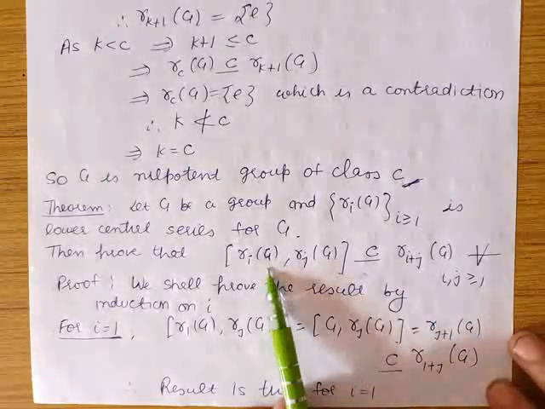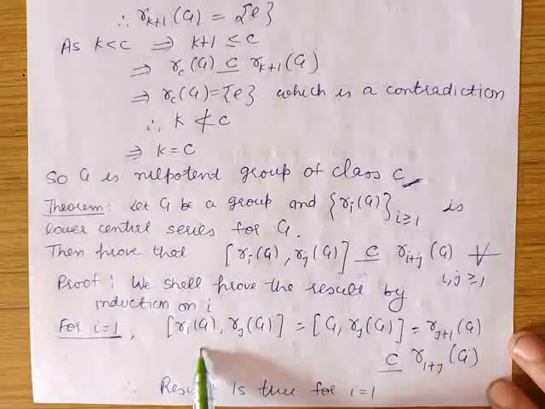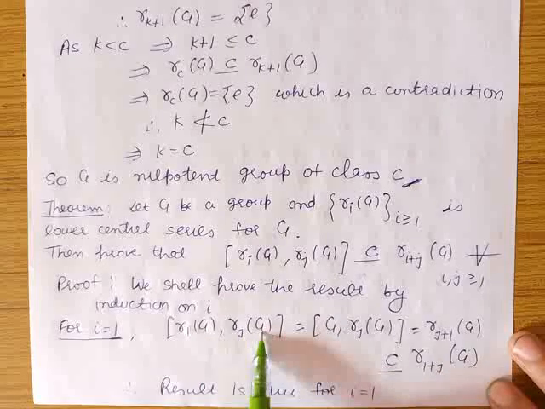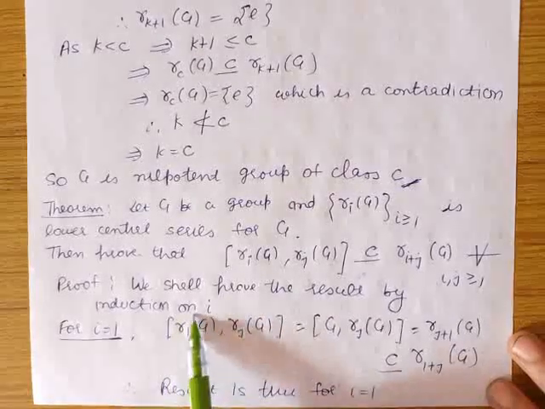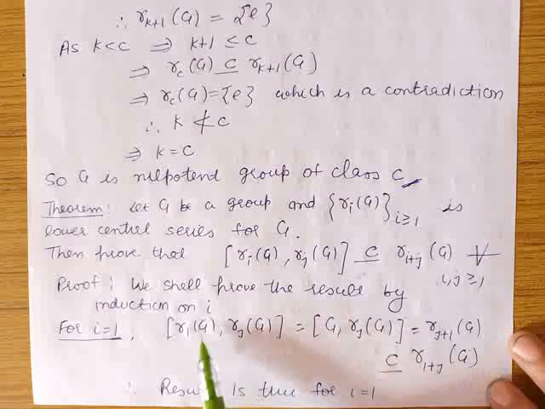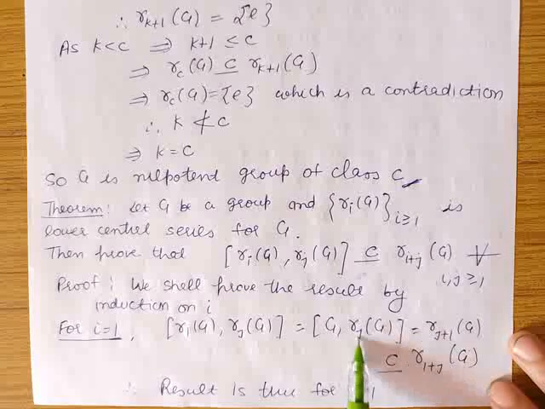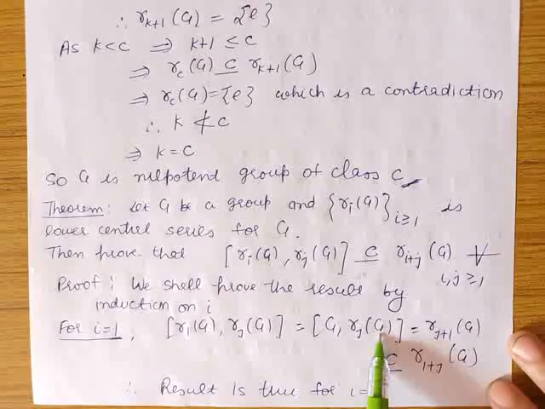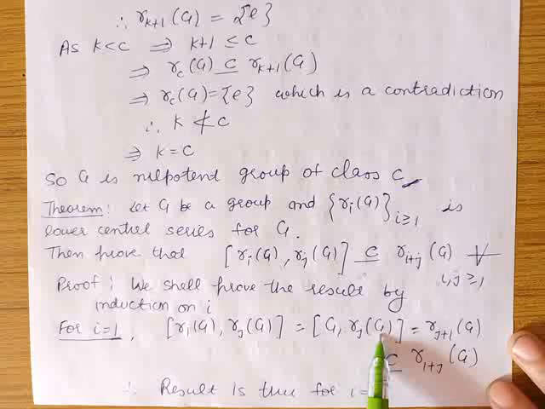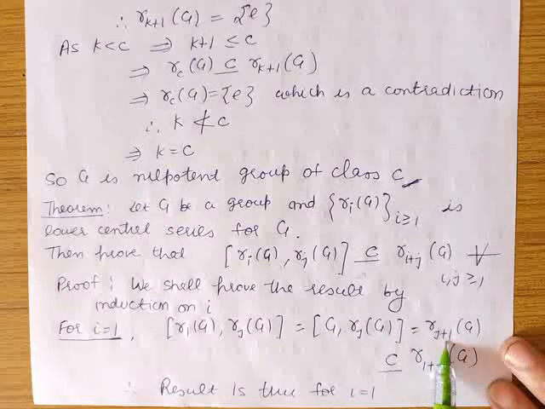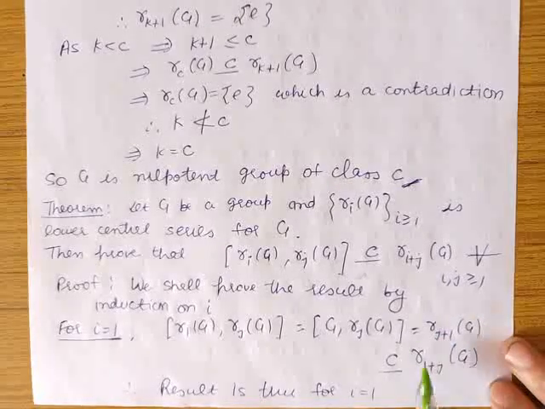For i equal to 1, the left hand side becomes the commutator of γ_1(G) with γ_j(G). Now by definition of the lower central series, γ_1(G) is defined as G. So this becomes the commutator of group G with γ_j(G). Now again, by definition of the lower central series, the commutator of G with γ_j is defined as γ_{j+1}, and this is contained in itself.